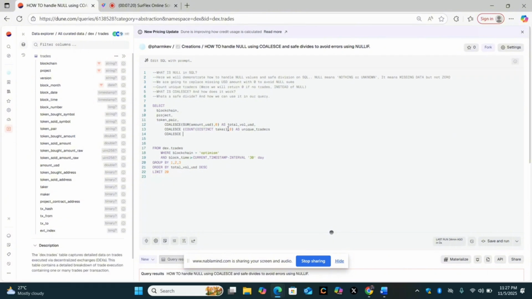Here we're trying to divide the total USD volume over the unique traders to get the average trade value.